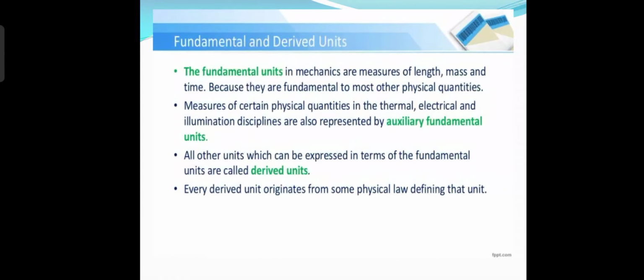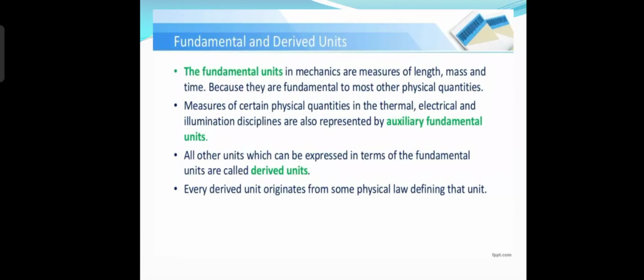All other units which can be expressed in terms of fundamental units are derived units. Derived unit means they are derived with the help of the fundamental units. Every derived unit originates from some physical law defining that unit. For example, the unit of length is meter. That is the standard unit for length.